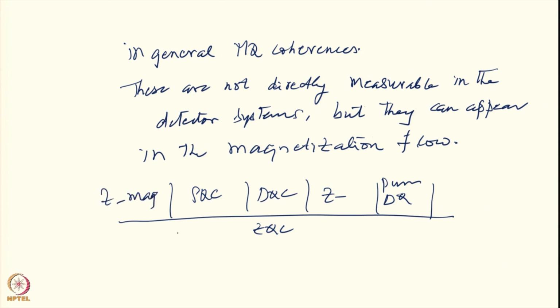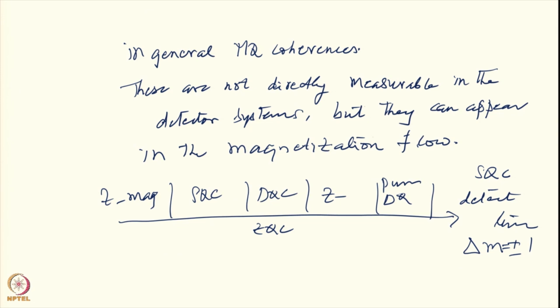So, this is the pathway along the time, and when you detect here, this will be single quantum coherences only. You can detect only single quantum coherences, because this is the selection rule, delta m equal to plus or minus 1. Only that can be detected, but these others can appear anywhere in the pathway.